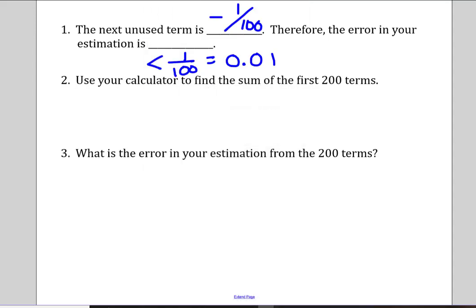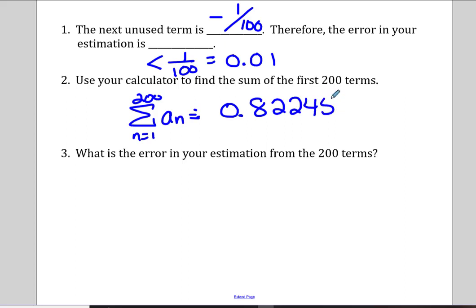So in this case, we have that summation from 1 to 200 of our a sub n is about 0.822455.